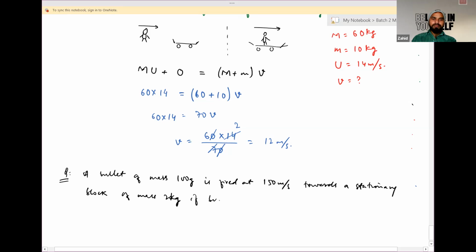If the bullet emerges out at 100 meter per second, find the velocity of the block.